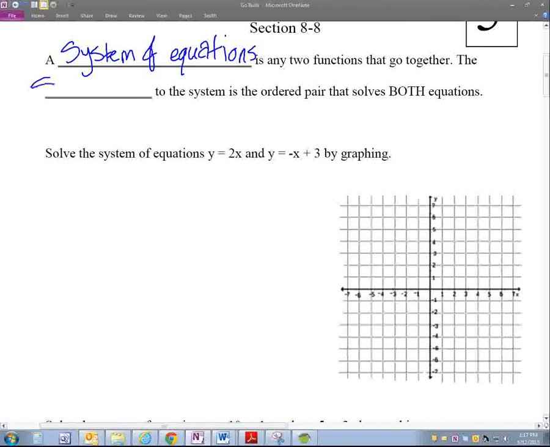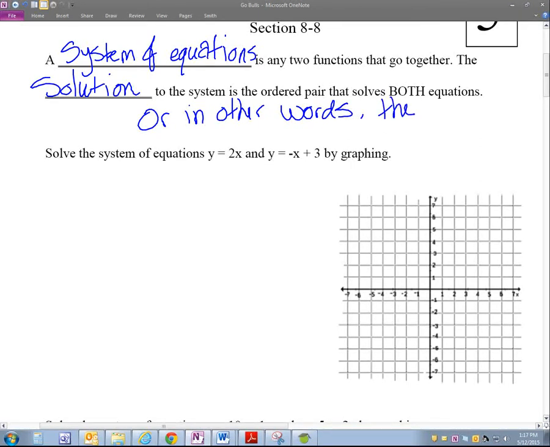The solution to the system is the ordered pair that solves both equations. Or in other words, the intersection, where these two lines meet.